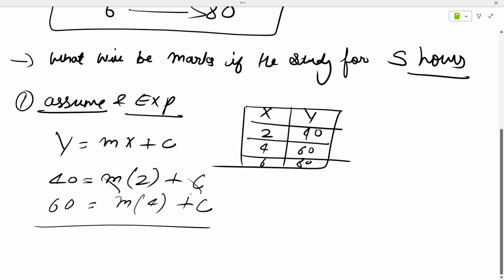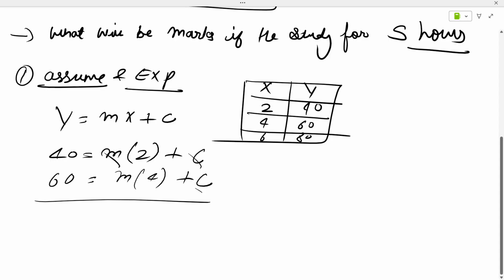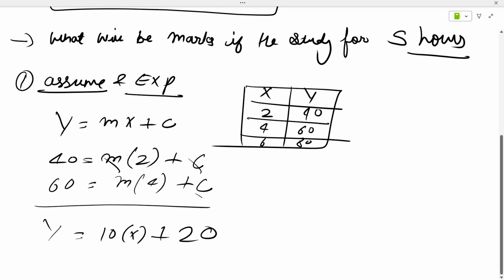Then you will figure out the values of m and c, and if you solve these equations, it will be y equals 10x plus 20. When x equals 2, 2 into 10 is 20, plus 20 is 40. When x equals 4, 4 into 10 is 40, plus 20 is 60. 6 into 10 is 60, plus 20 is 80. So it is satisfying our data. Now you have one general equation.